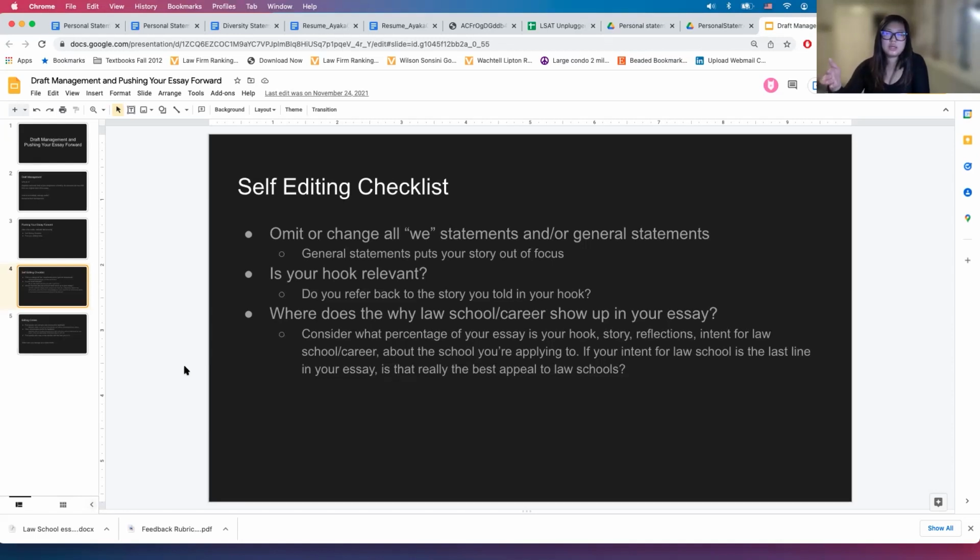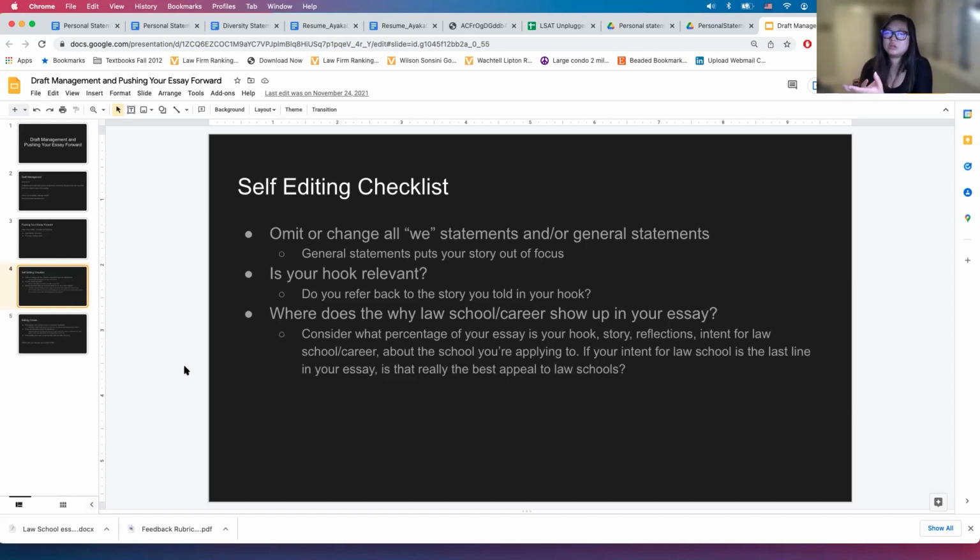These are the actions I did. I still believe that law school is the right choice for me. So it's ingrained in that last bottom half of the essay. It's not really 1 or 2 sentences. It's actually over the course of 2 to 3 paragraphs that it's talking about why.